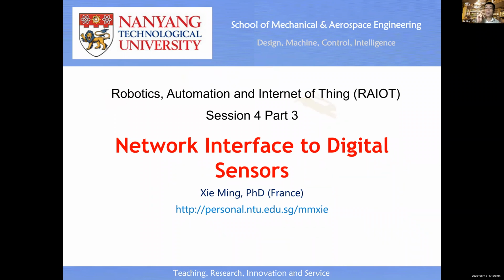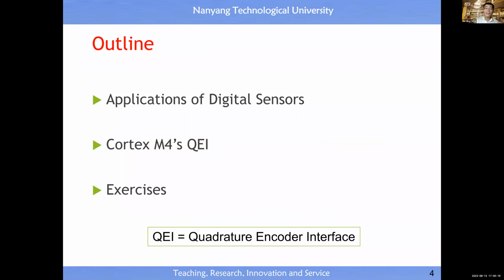And this is because the microcontroller ARM Cortex M4 allows you to interface with 2 digital sensors, but not 12, right? 2, but not 1, but 2, right? So in this case, immediately you understand this should be slightly simpler than the case of interfacing with analog sensors, right? So this lecture should be quite simpler than lecture 2.